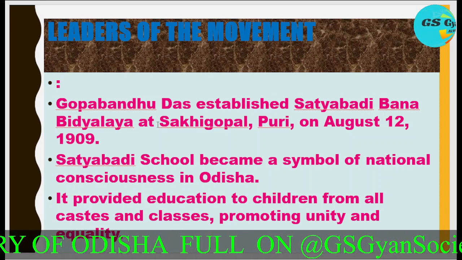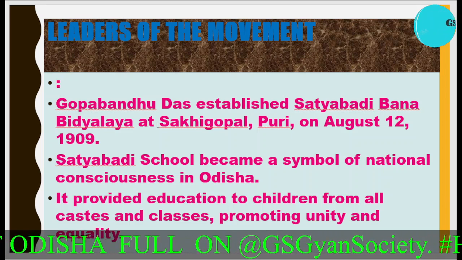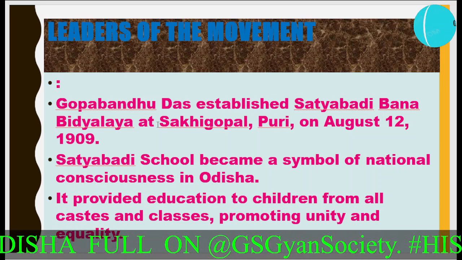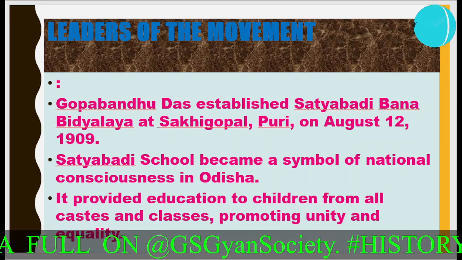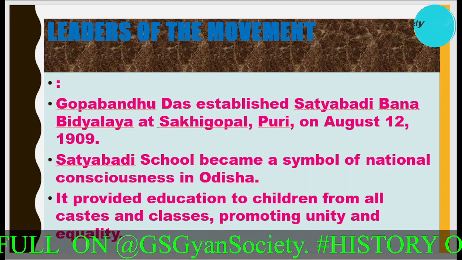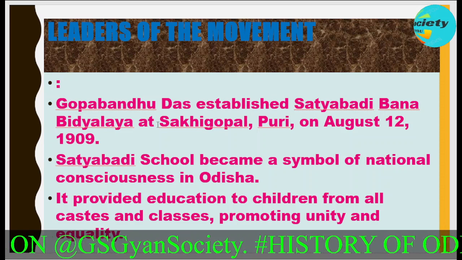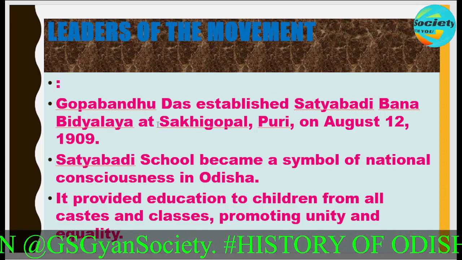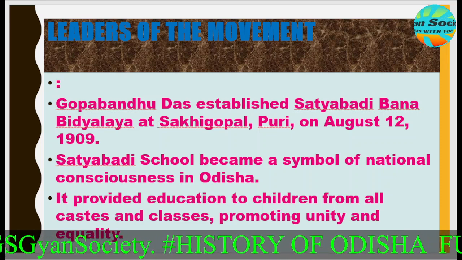They also provided education to children from all castes and classes, promoting unity and equality. There is no religion, no discrimination, no caste hierarchy. All are equal. No class, no caste, no race, no poor. They only provide education with unity and equity. These are the hallmarks of this Satyabadi Bana Vidyalaya.